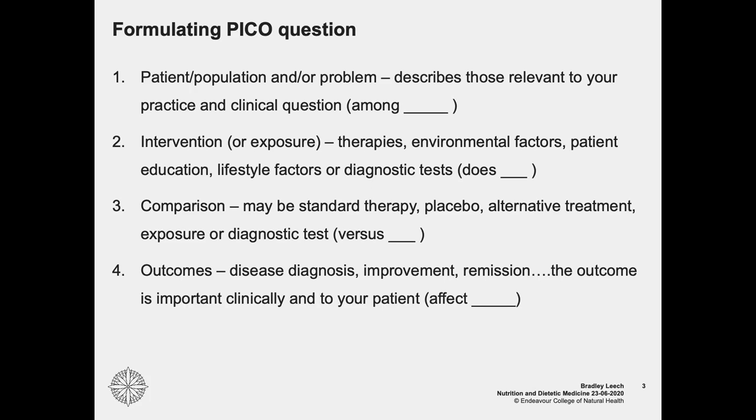Generally speaking, a PICO question has four major aspects: the population, intervention, comparison, and outcome. First of all, the population or patient group. This is generally here to describe key characteristics of the patient or population group.